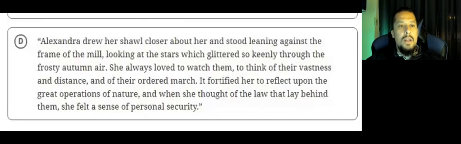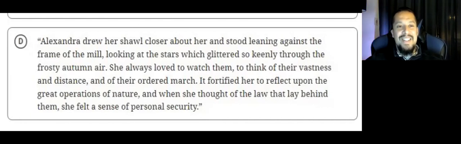So what I want you guys to do is, well, first of all, we unpack the information, we identify what we need, comfort in the world around her. And so answer D does this. And how does answer D do this? Let me zoom in for you guys on answer D, and you're going to find here in answer D, it's talking about the natural world around her.